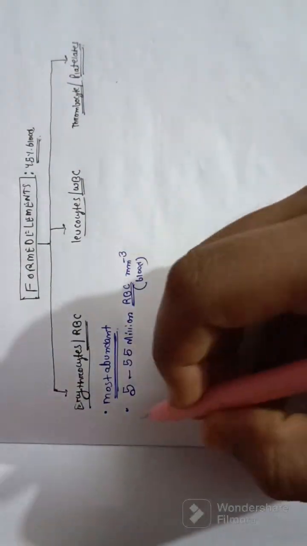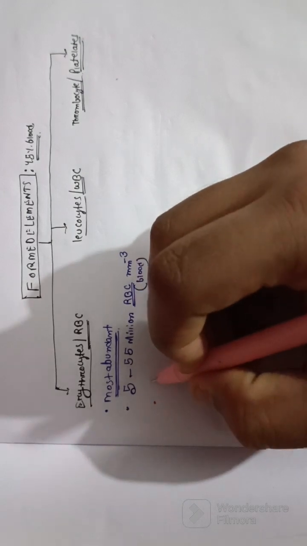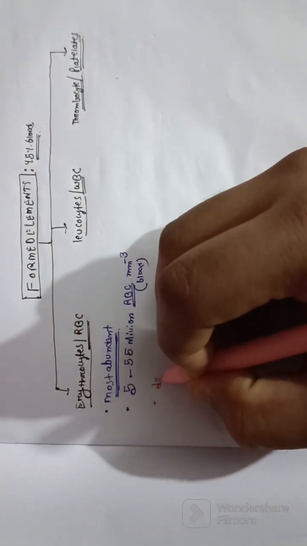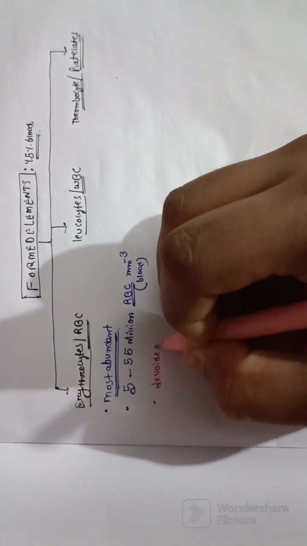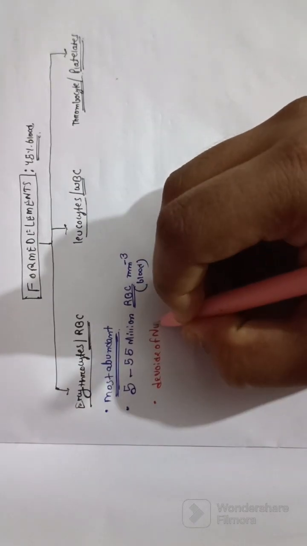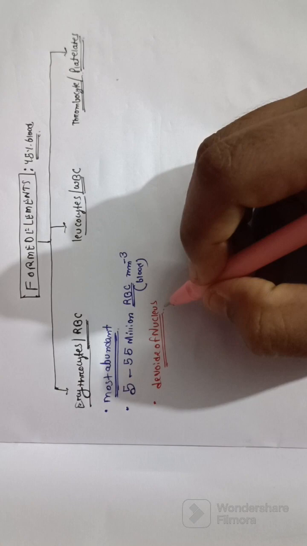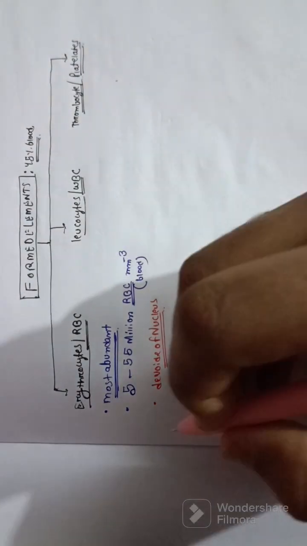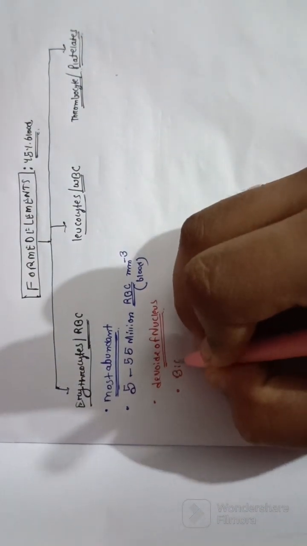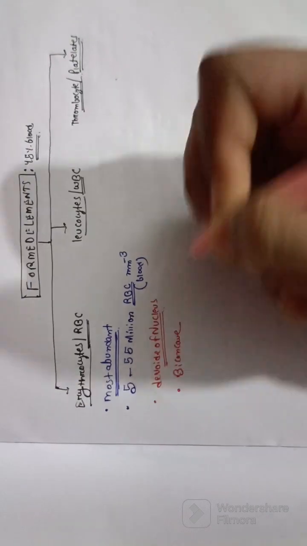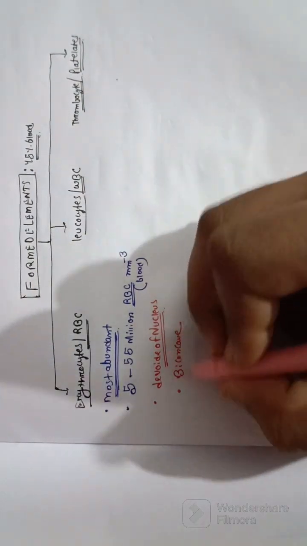A very important previous year question coming from here is that RBCs are devoid of nucleus. They are anucleated in most mammals. Their shape is biconcave.